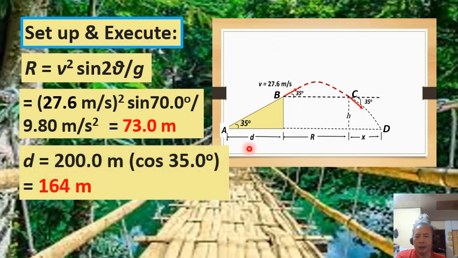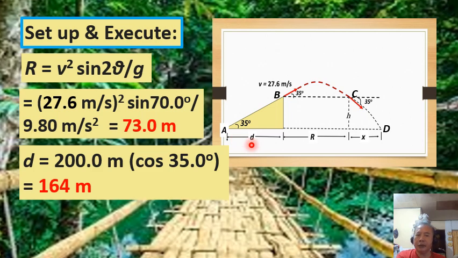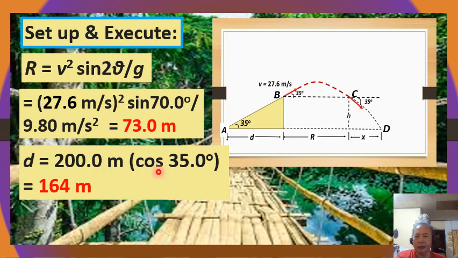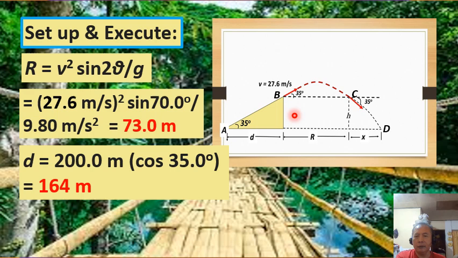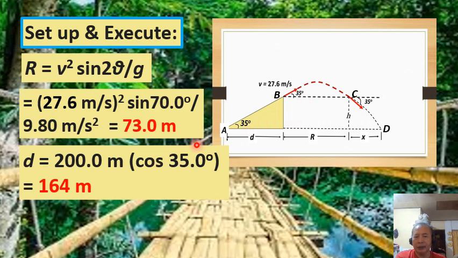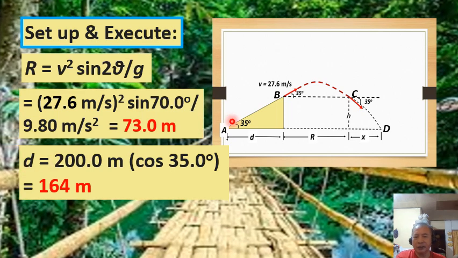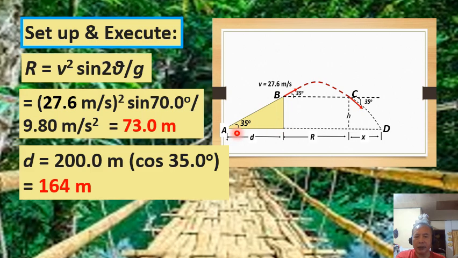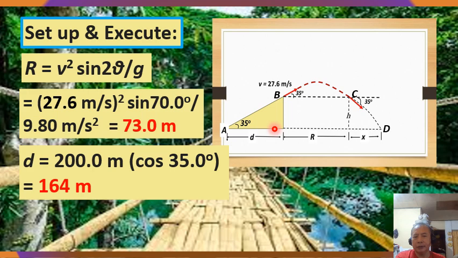Now, the length of the base of the ramp, which is labeled here as small letter d, okay, can be determined again using the definition of cosine of 35.0 degrees. Right? This small d, or the distance corresponding to the length of the base, okay, happens to be the adjacent side of the angle. Right?